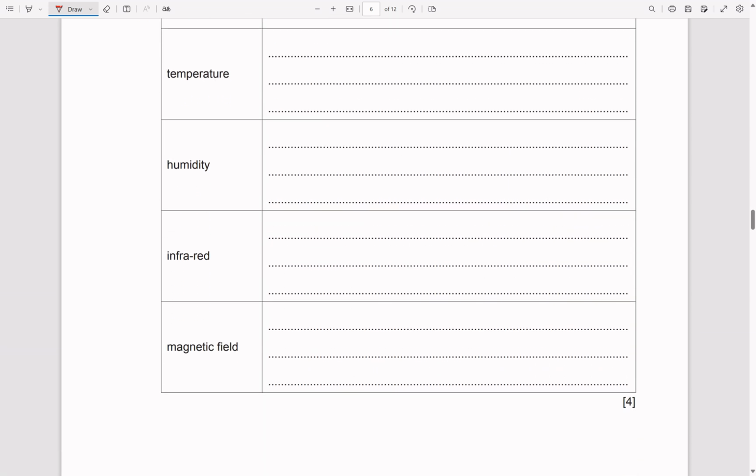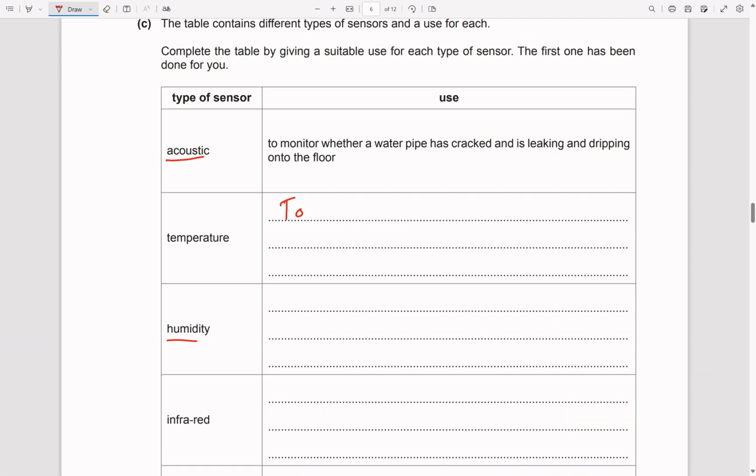Right, so temperature. For temperature you could mention greenhouse, but I'll probably mention greenhouse for humidity. So let's say temperature could be in an office, to control the temperature in an office.